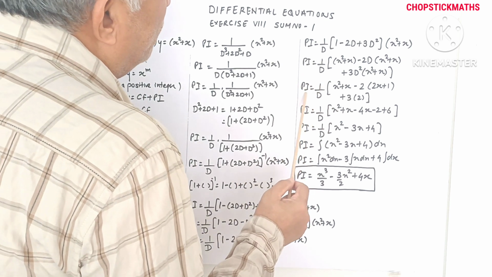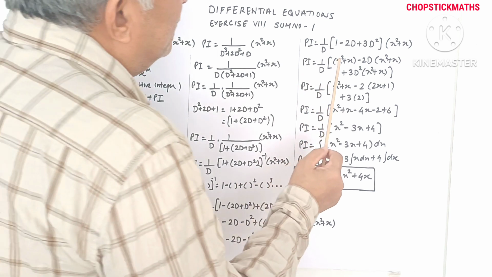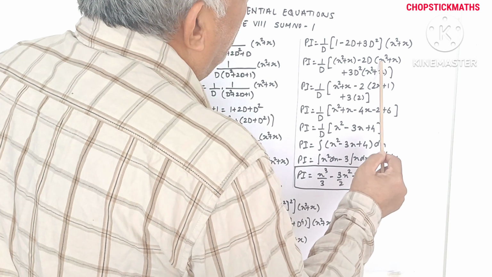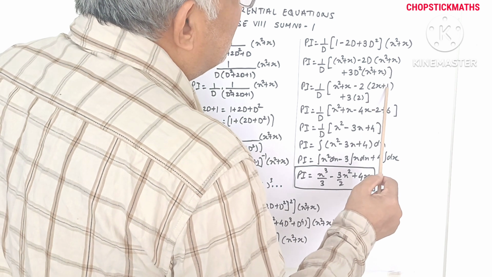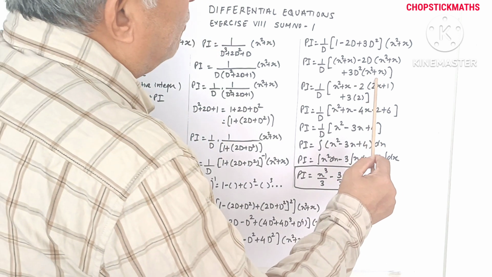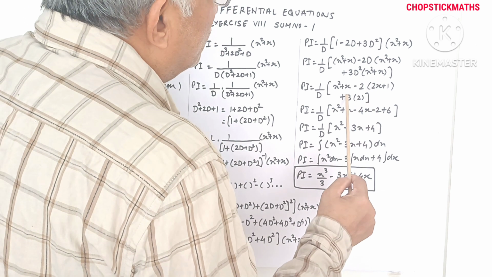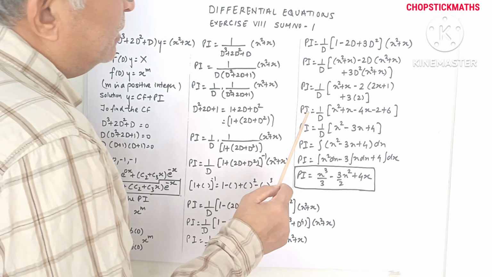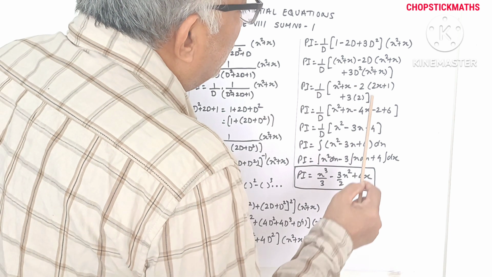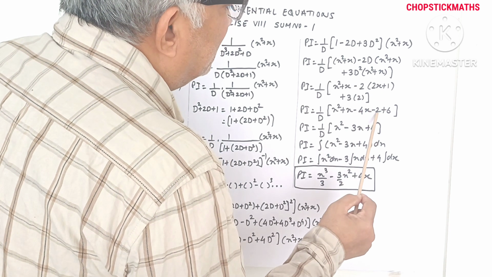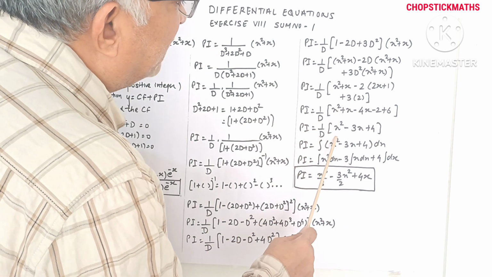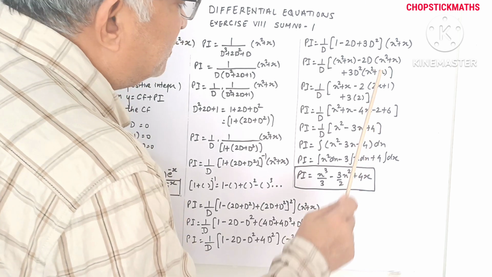Therefore PI is equal to 1 upon D into bracket x square plus x minus 2 times D, the first order derivative of x square plus x, which is 2x plus 1, plus 3 times D square, the second order derivative of x square plus x, which is 2. So this would be plus 3 into 2. Therefore PI will be equal to 1 upon D into x square plus x minus 2 into 2x, which is minus 4x, and minus 2 into plus 1, which is minus 2, and 3 into 2, which is plus 6. So PI will be equal to 1 upon D into (x square minus 3x plus 4).